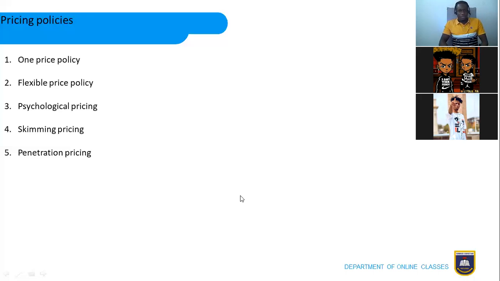So what happens is, for instance, you saw the product, and then they said, oh, this product costs, let's say, 5,000 Ghana cedis. 5,000. You're like, oh, okay, it's 5,000 Ghana cedis.